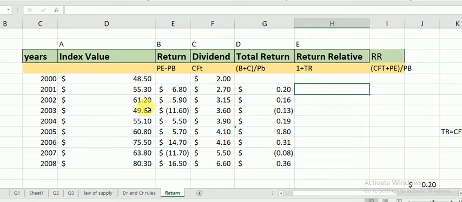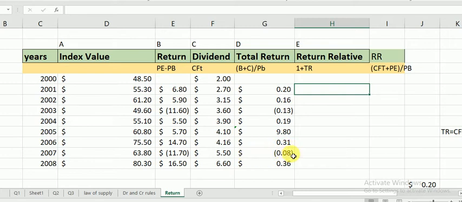It means that depreciation, or devaluation, or decrease in price has taken place here. That's why the return is negative, 0.13. If we express this in percentage form, that will be 13%, meaning 13% depreciation has taken place in the price. This is 0.19, total return positive, so 19%, 9.80%, 0.31.